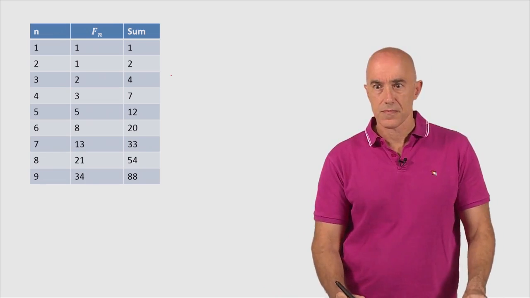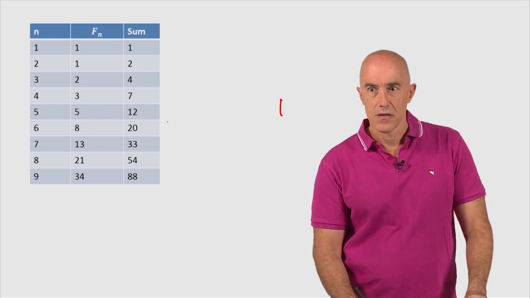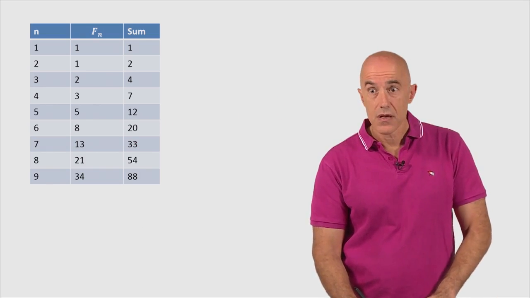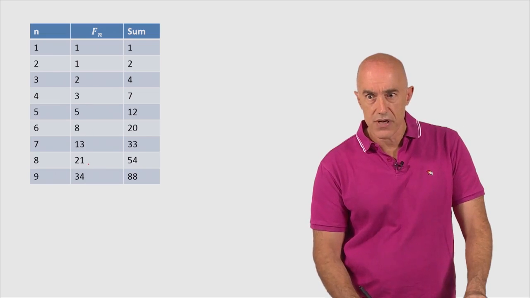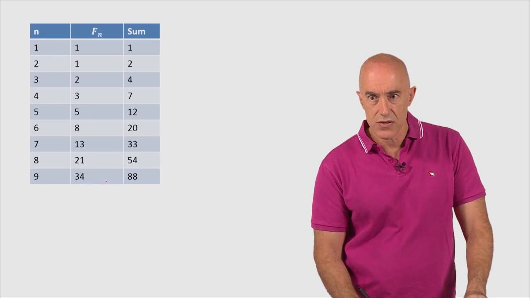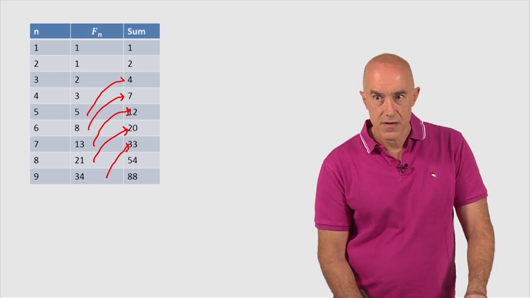What do we have here? We have 20, 33. We look at the Fibonacci numbers. We have a 21 and a 34, so that looks promising. 34 here, 33. 21 here, 20. 13 here, 12, 8, 7, 5, 4.